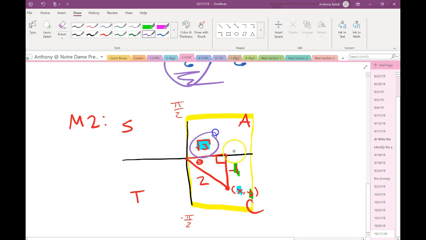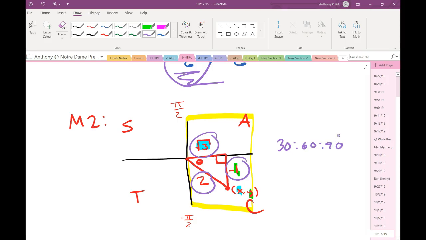Now, if I look at these side lengths, these look familiar. Those are the side lengths for a 30, 60, 90 triangle. Remember I recommended that we memorize those special right triangles way back in the first unit. They're coming back. This is why it's useful to have.